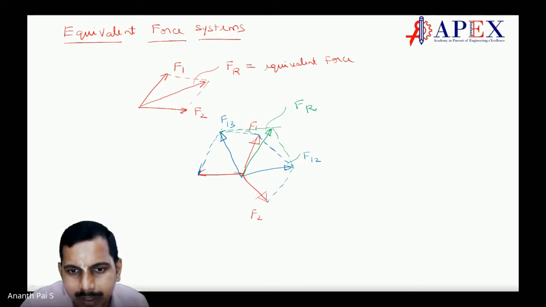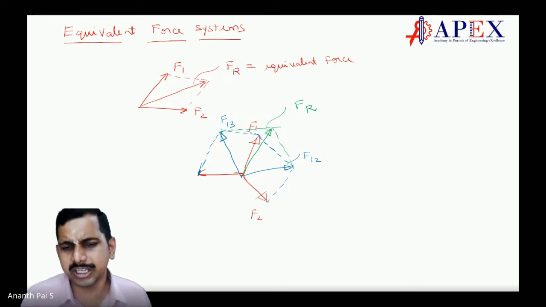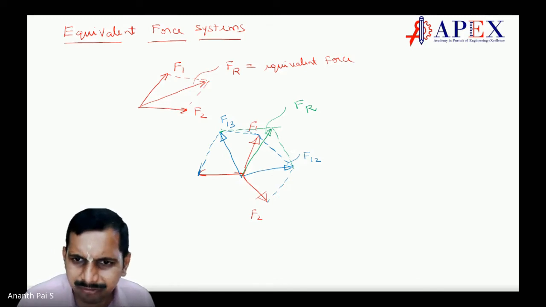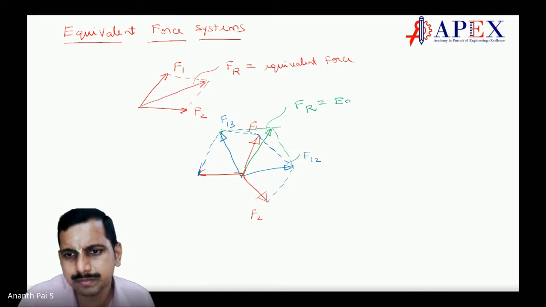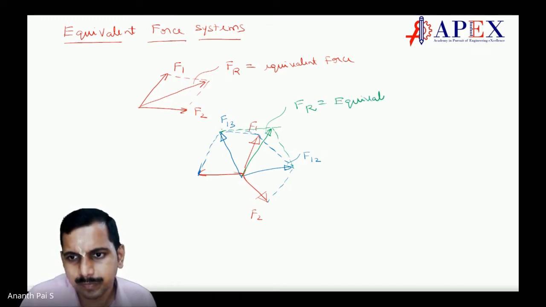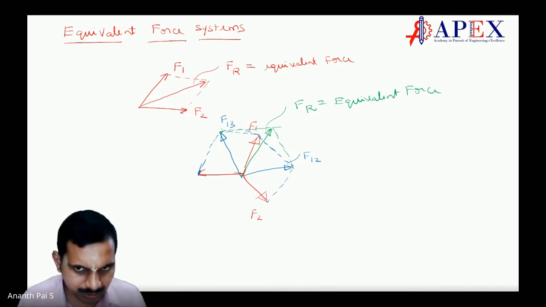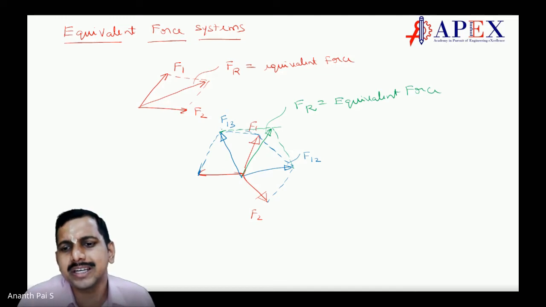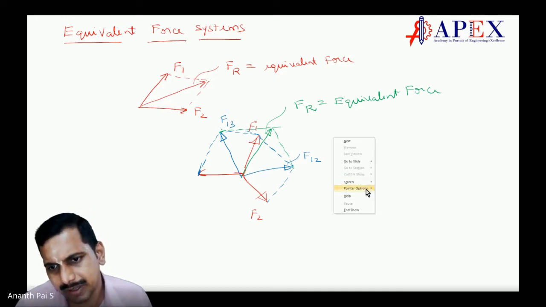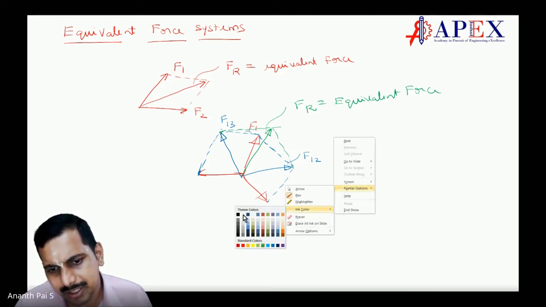So this way we can find the resultant forces. Very simple. This F resultant is the equivalent force. So any number of forces you can have. The equivalent force can also be expressed in this fashion.